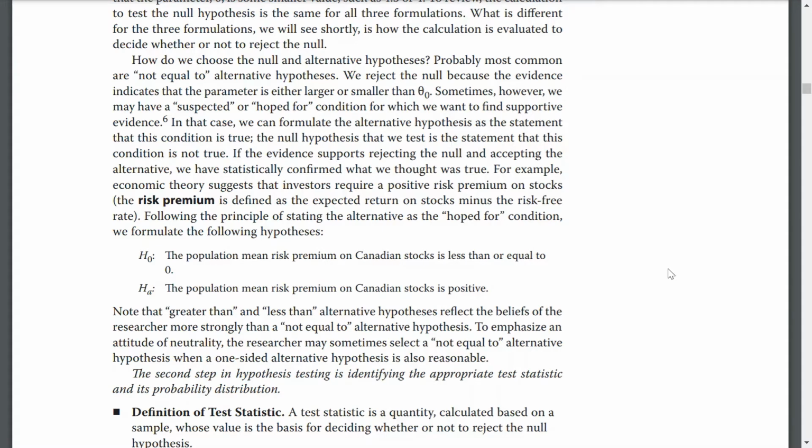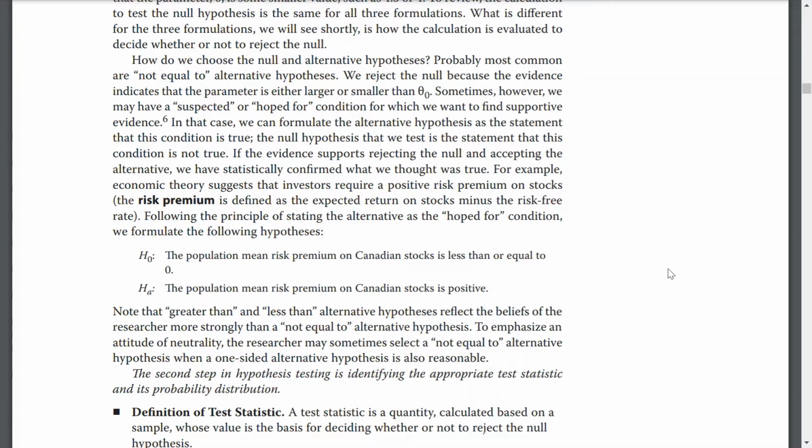For example, economic theory suggests that investors require positive risk premiums on stocks, with risk premium defined as the expected return on the stock minus the risk-free rate. Following the principle of stating the alternative as the hoped-for condition, we formulate the following hypotheses: the null hypothesis is that the population mean risk premium on Canadian stocks is less than or equal to 0, and the alternative hypothesis is that the population mean risk premium on Canadian stocks is positive.